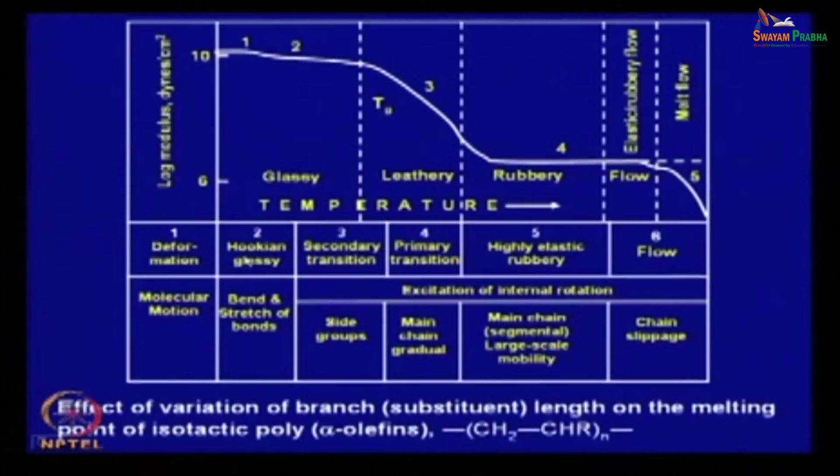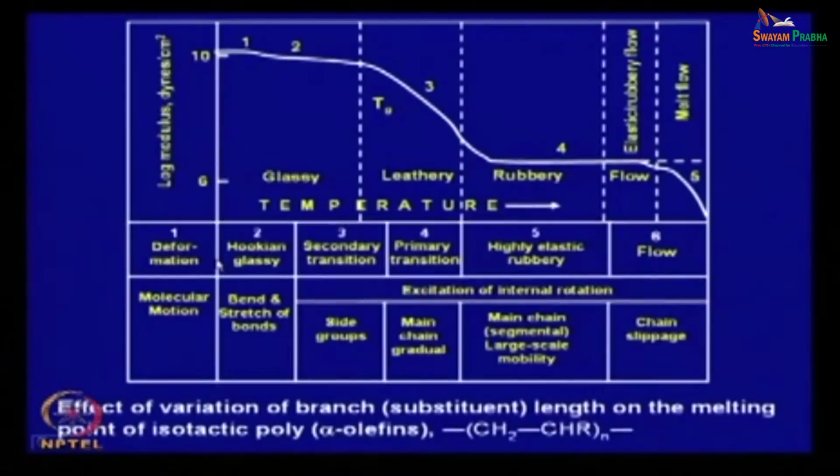So, you can explain such behavior of change of mechanical properties with increase in temperature from glassy, solid, brittle state to leathery characteristics to rubbery characteristics to fluid like characteristics. Here you can explain with the help of molecular configurations also what kind of change in molecular configuration occurs.